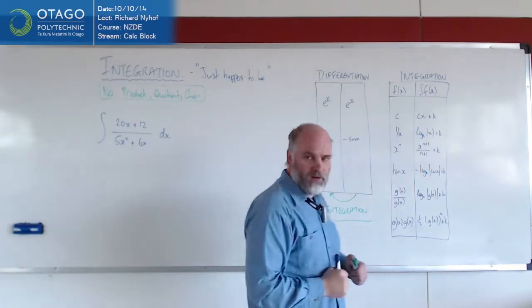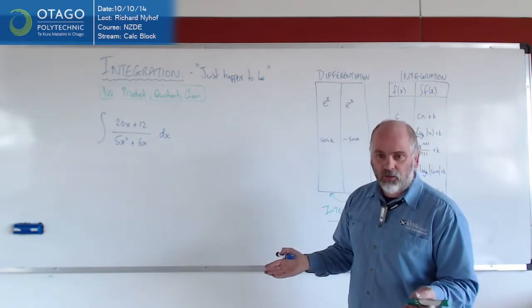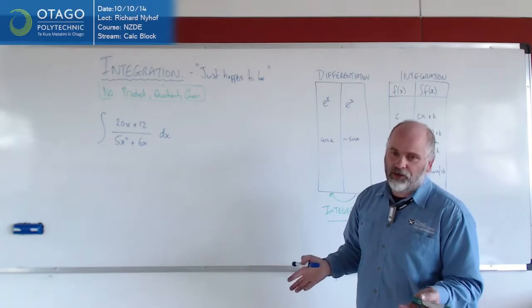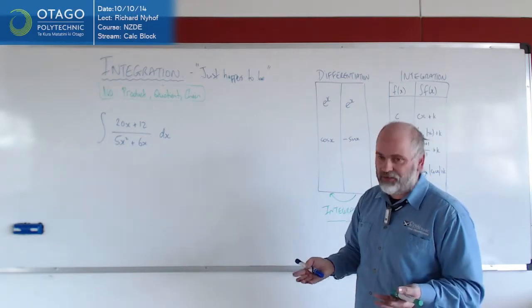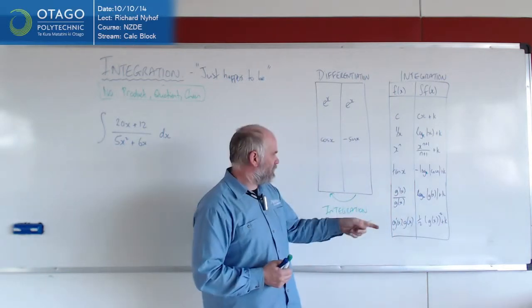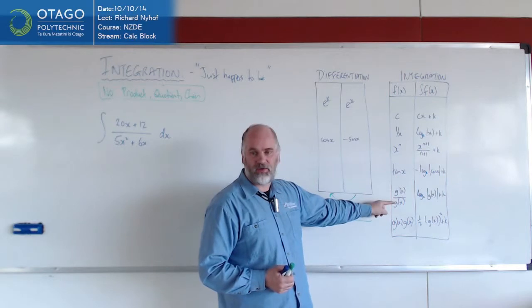Okay, so this is one where I first look at that and I go, I haven't got a quotient rule, I can't do that division easily, what am I going to do? I feel like I'm stuffed. There's not much I can do. And I ask myself the question, is it one of these ones? Does the top just happen to be the derivative of the bottom?